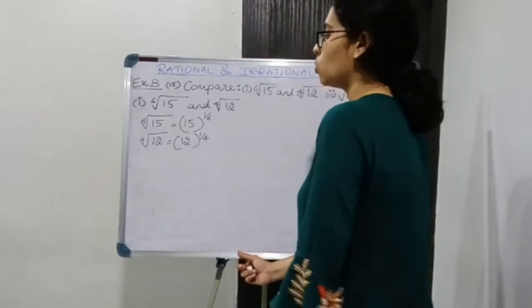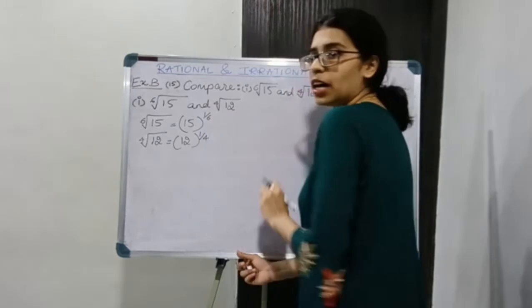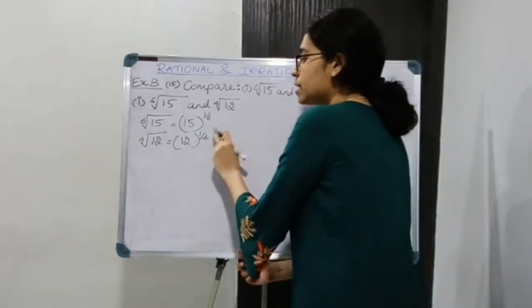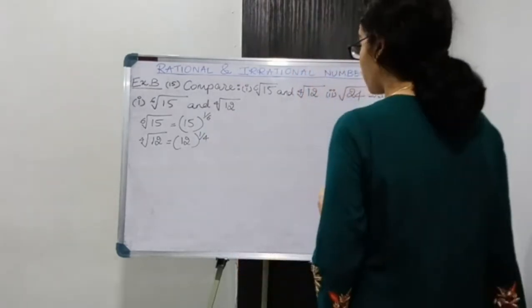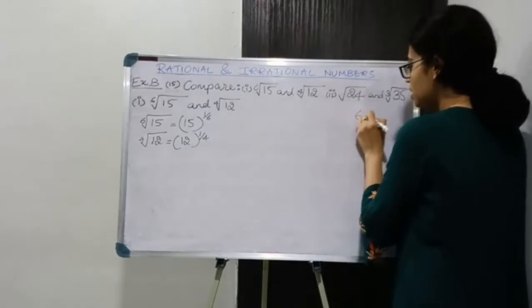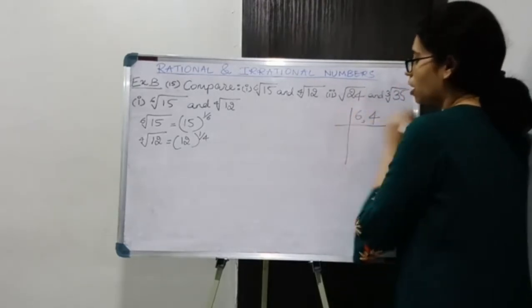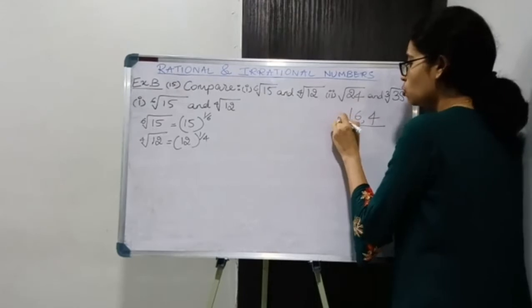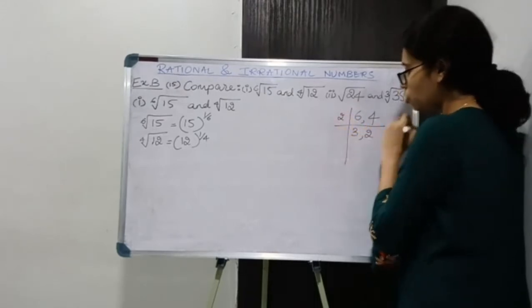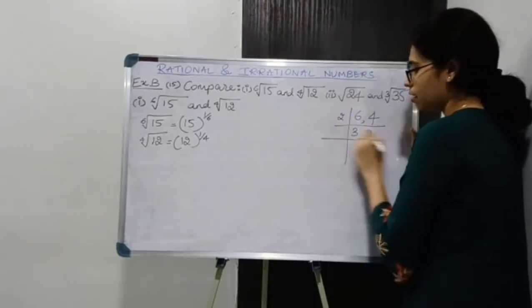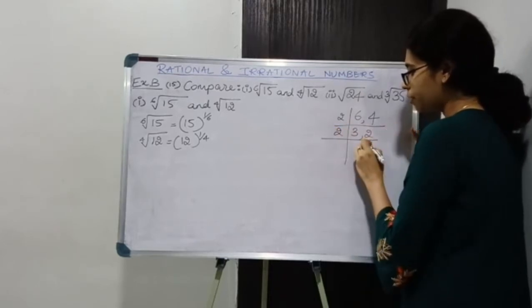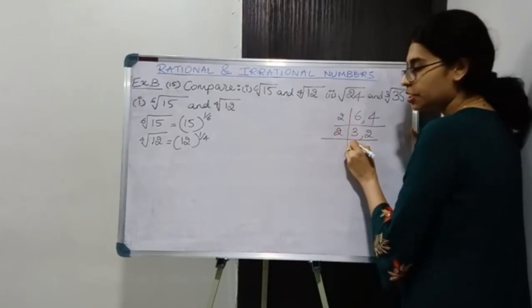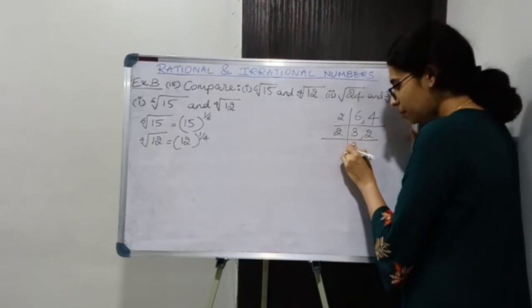Okay. Now 6 and 4 का LCM लेना है. You take LCM of the denominators over here. So 6 and 4 का LCM we'll factorize. 2 3s are 6, 2 2s are 4. Now I'll divide by 2 again. I have 2 over here. So 2 3 is not divisible by 2, so I'll let it remain as it is.